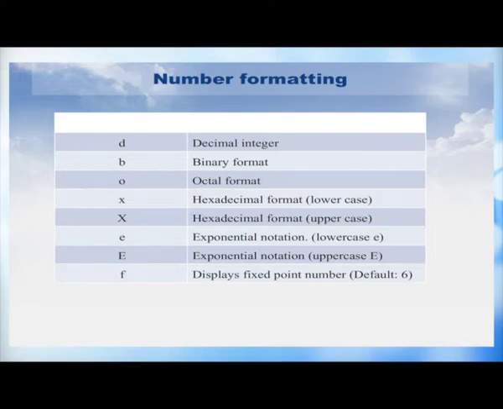You can use d for decimal, b for binary, o for octal, small x for hexadecimal format with lowercase, capital X for hexadecimal format with uppercase, small e for exponential notation with lowercase e, and capital E for exponential notation with uppercase, and f to represent a fixed point number. Now, we will try these formatting options.